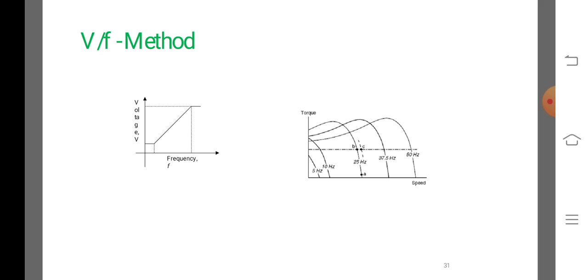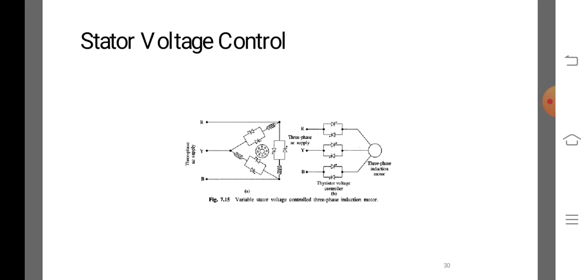Neglecting losses, E1 equal to V, also phi_r equal to 1 by 4.44 N_ph K_w times V by F. If the supply frequency is changed, the value of air gap flux also gets affected. So we achieved the stator voltage control.